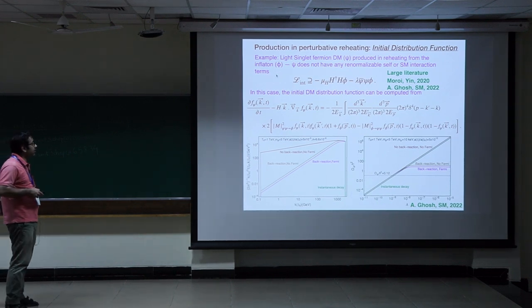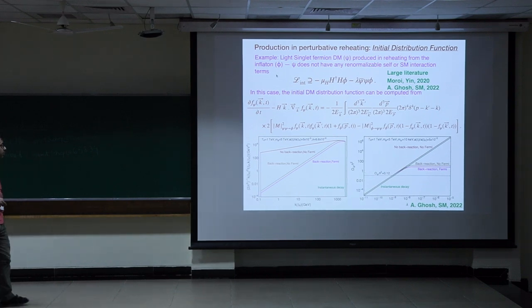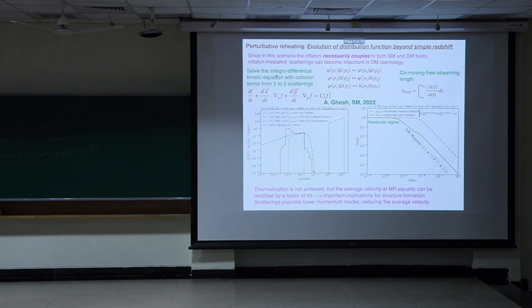And finally, since these are fermionic dark matters, Pauli blocking effects come into play, and they reduce the distribution further, and you obtain the blue curve. So you see already at the basic distribution level at the reheating epoch, there are important effects to consider, and there are important parameters of the reheating era that influence the distribution function significantly.